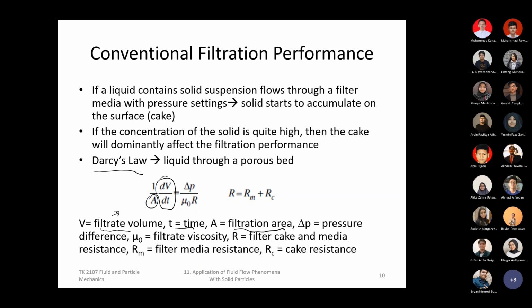So that's cubic meter per second or hour. Let's say you want to produce 100 cubic meters per second, a very big capacity of membrane. That's your volume, that's your time. Then the question is how big the area has to be provided. And of course it will depend on the properties of the membrane and the properties of the feed water. So that's accounted for on the right side of the equation.